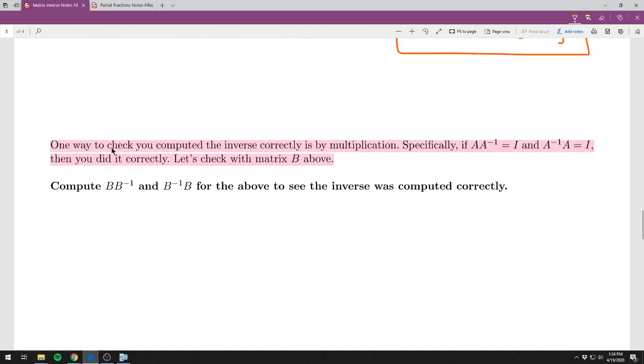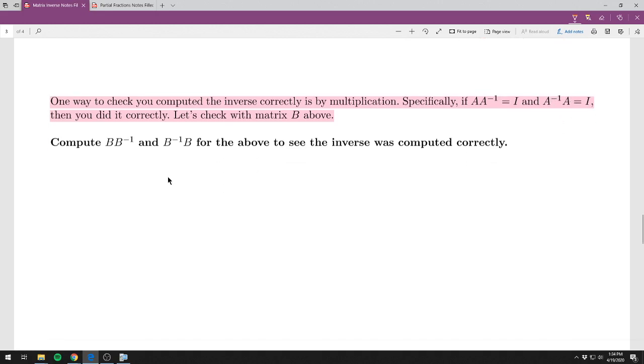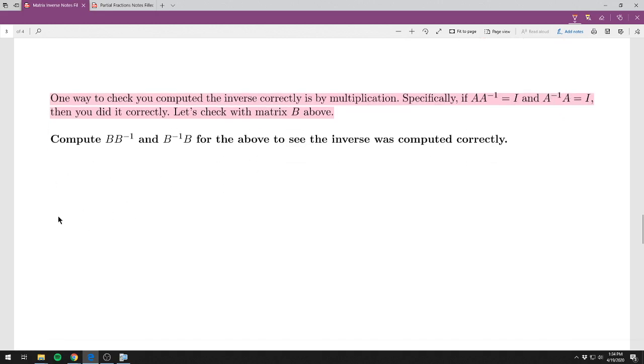One way to check that you computed the inverse correctly is by multiplication. Specifically, if you multiply a matrix by its inverse, it should give you the identity matrix. And if you switch the order, the inverse times A, it's still the identity matrix.